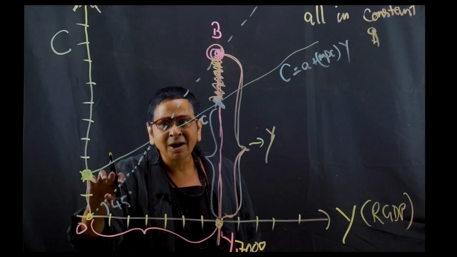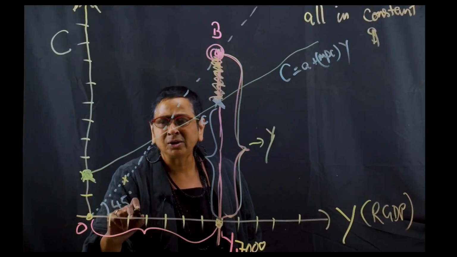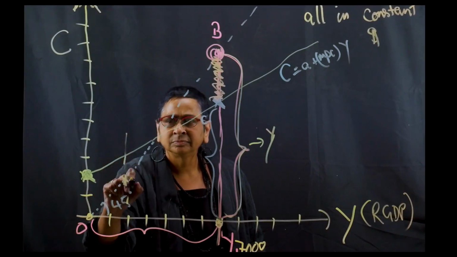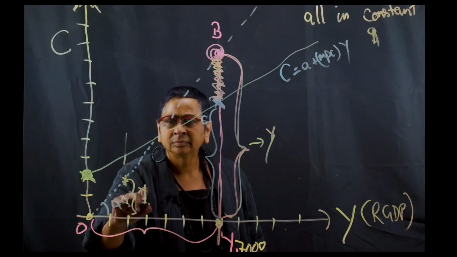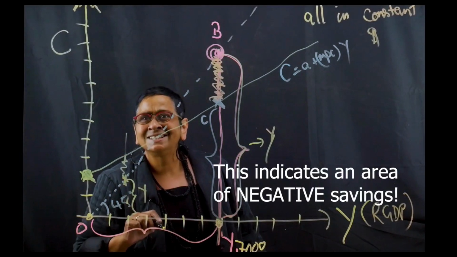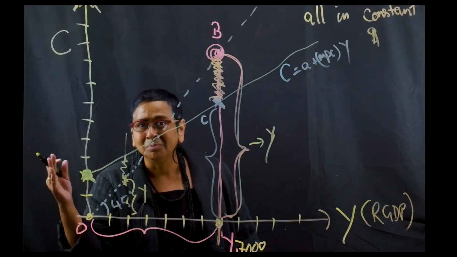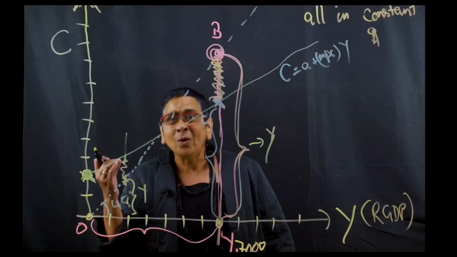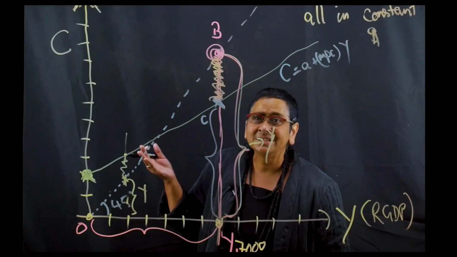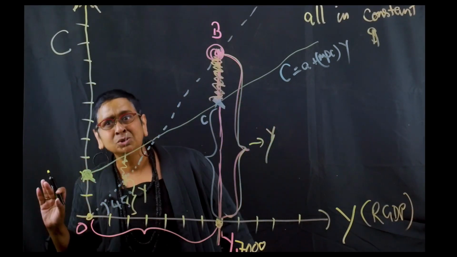Over here at very low levels of income, where my income is below my consumption, this indicates an area of negative savings, where I'm actually consuming more than I make. We're going to talk about when and how countries end up in such a situation. This can actually happen every so often. It's not usual.